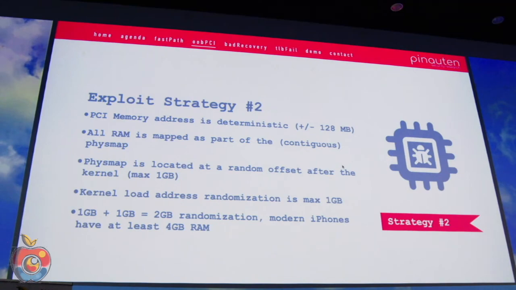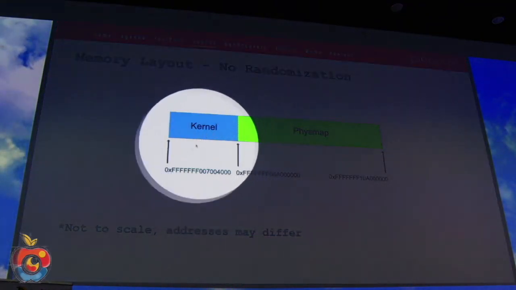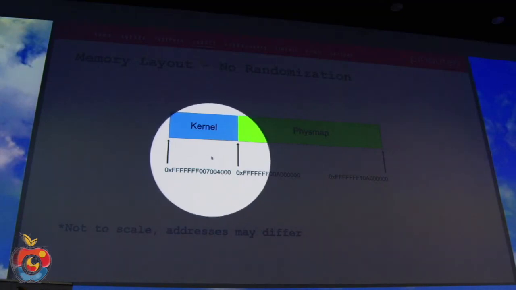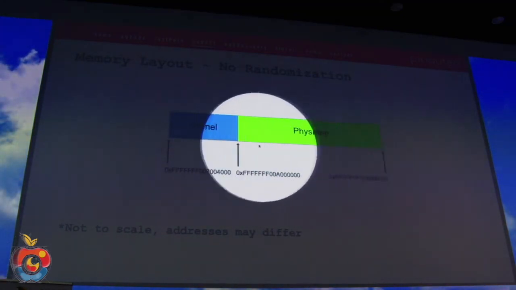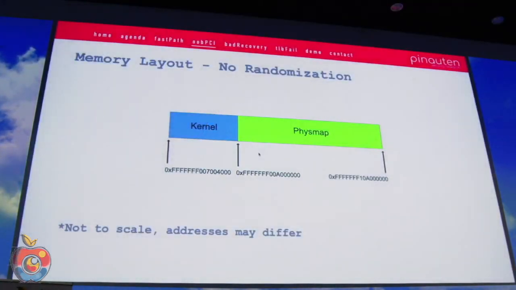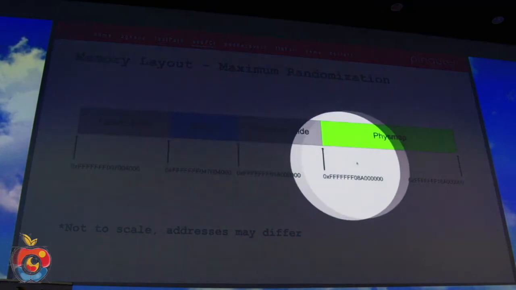If we look at the memory layout, for example with no randomization, we just have the kernel directly here at, for example, this address. Please do not just copy that address. It's probably not correct, just an example. We then have the physmap directly afterwards. If we assume maximum randomization, so the kernel is randomized by 1 gigabyte and the physmap is randomized by 1 gigabyte as well, then the memory layout looks like this.